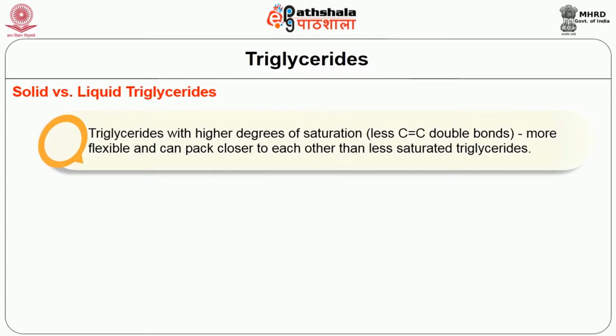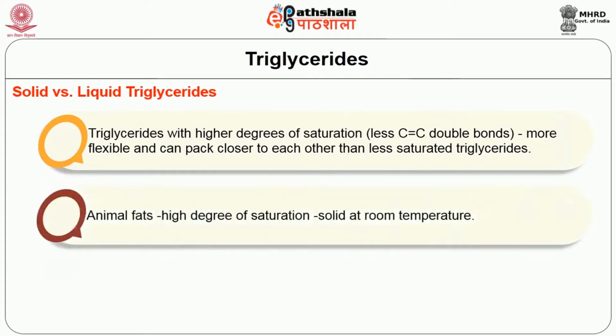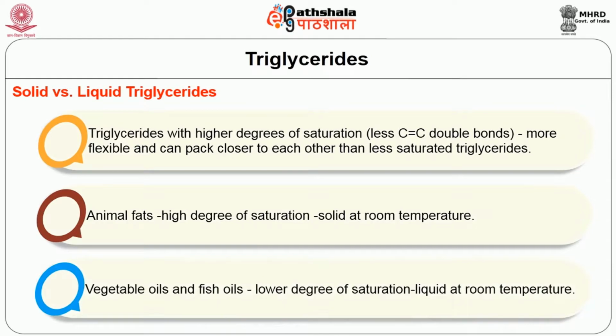Animal fats have a high degree of saturation and they are hence solid at room temperature, whereas vegetable and fish oils, they have a lower degree of saturation and hence they are present as liquid at room temperature. Higher the degree of saturation, more solid form, lower the degree of saturation, liquid at the room temperature.